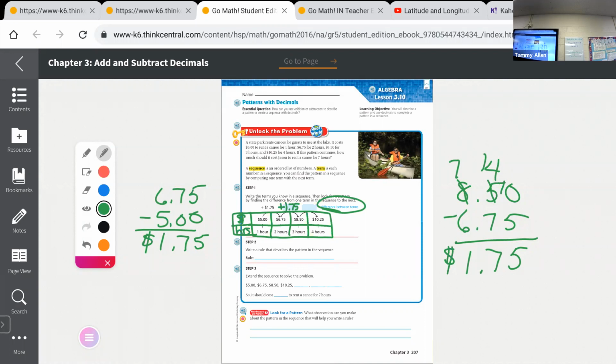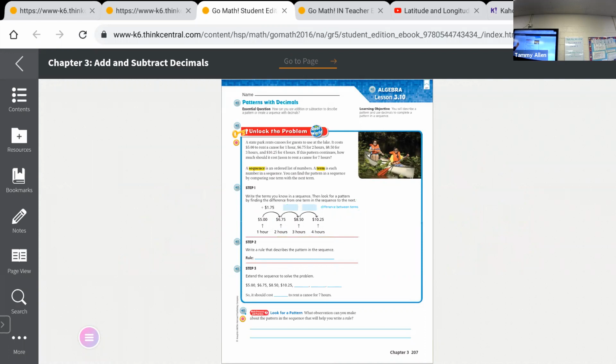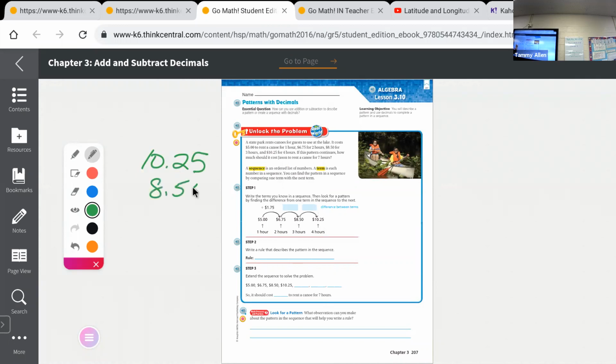So we check it out the next time, and we now have that $10.25. And what are we subtracting from it? $8.50. 5 minus 0 is 5.